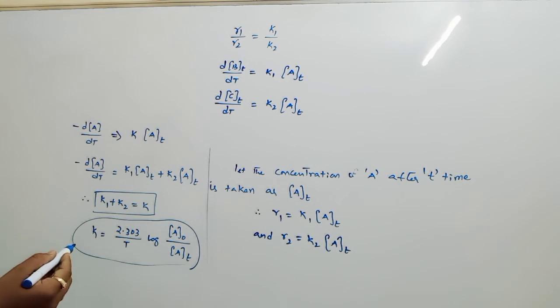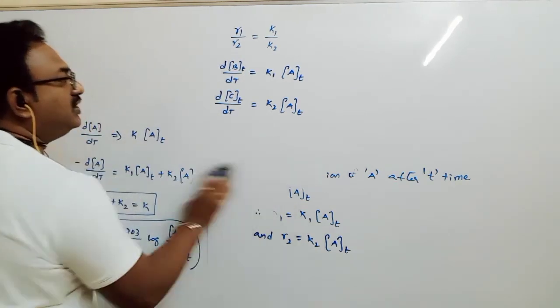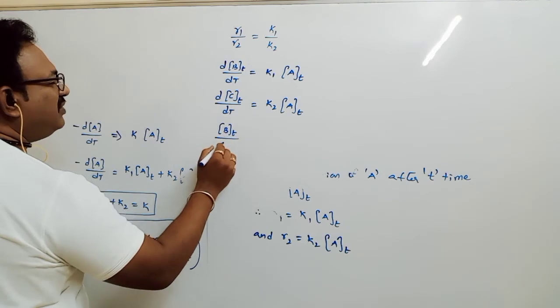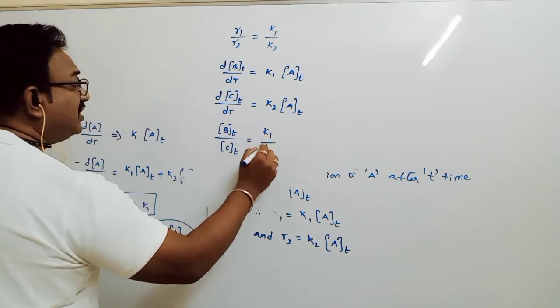From this you can find the concentration of B and C also. The ratio of these two can be written like this: concentration of B after t time by concentration of C after t time is equal to K1 by K2.